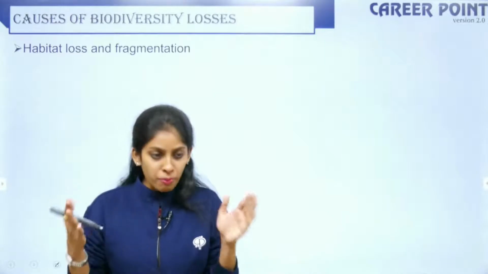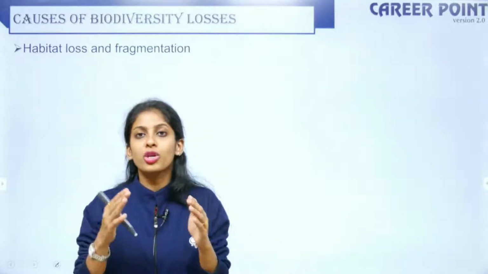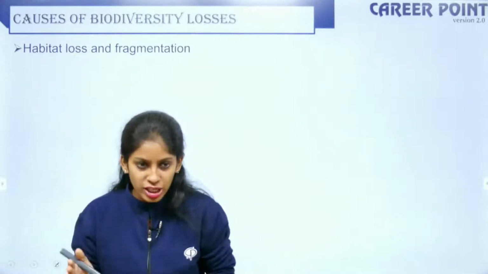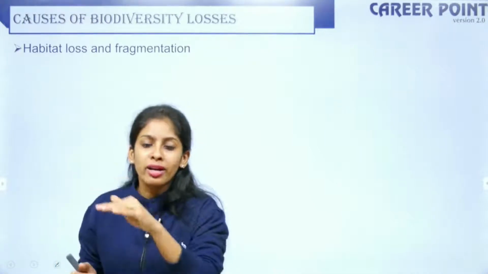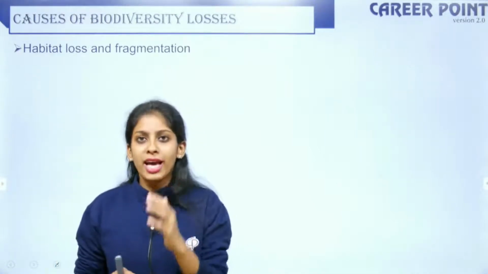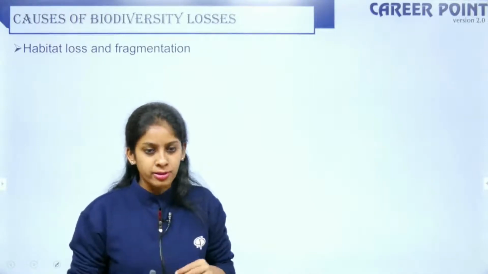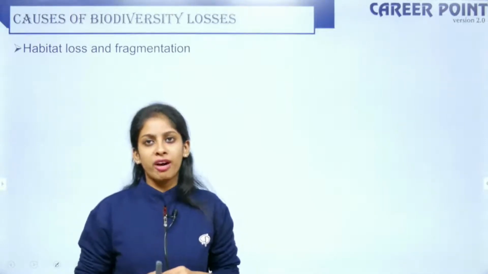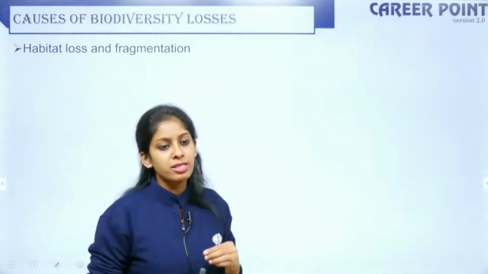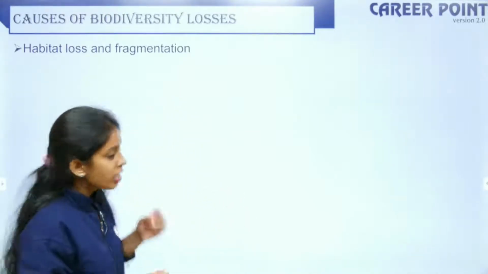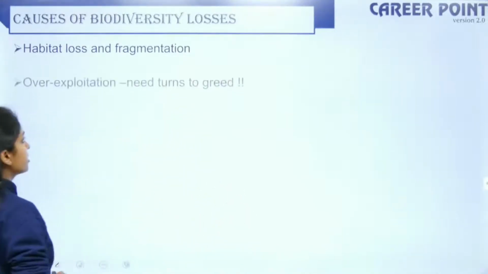So, we are slowly migrating, and as a result, we also dwell into the forest region. So, even if you take 25% of the forest, even in that 25%, it is a shelter to a lot of animals. So, if you invade that 25%, then a lot of animals become shelterless and homeless. So, habitat loss and fragmentation.